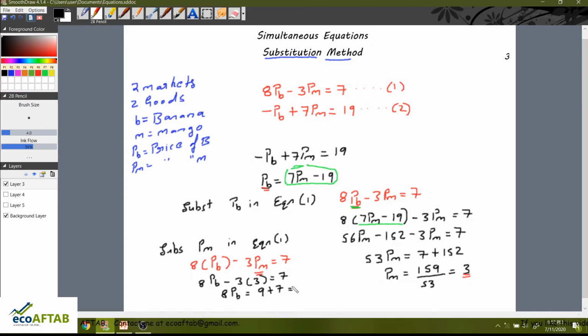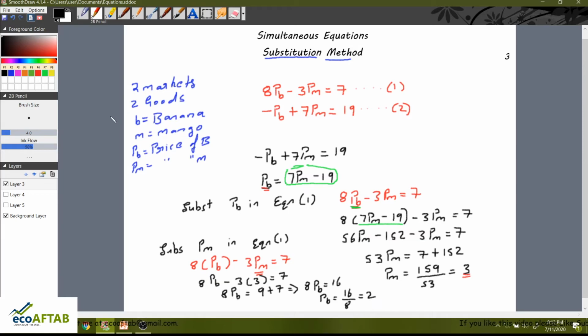So 8PB is equal to 16, or PB is equal to 16 divided by 8, and that is equal to 2.